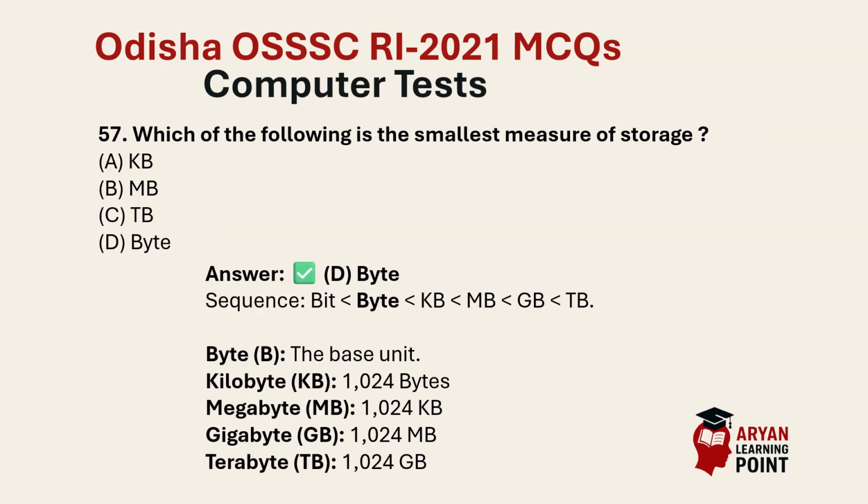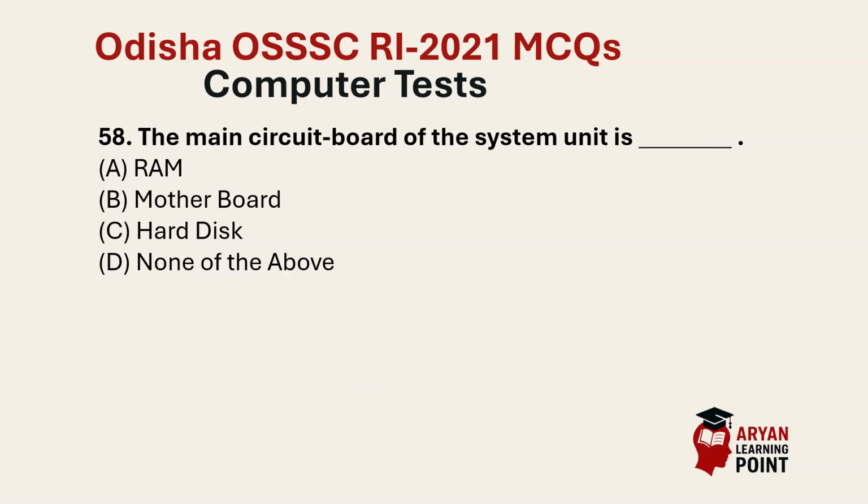Byte, B, the base unit. Kilobyte, KB, 1024 bytes. Megabyte, MB, 1024 KB. Gigabyte, GB, 1024 MB. Terabyte, TB, 1024 GB.